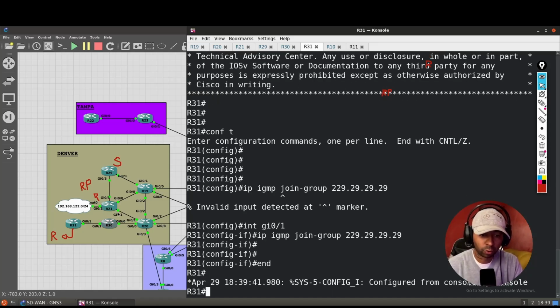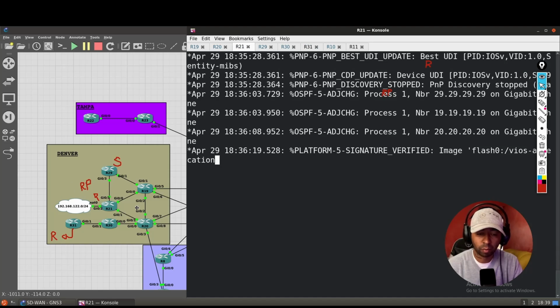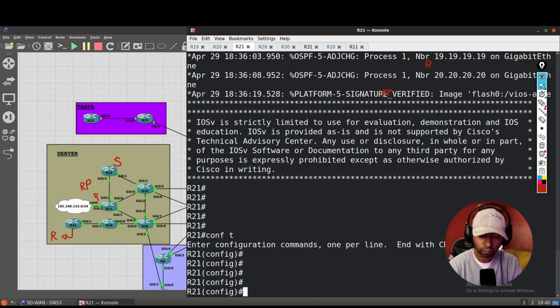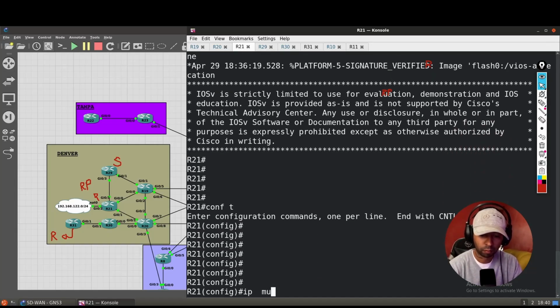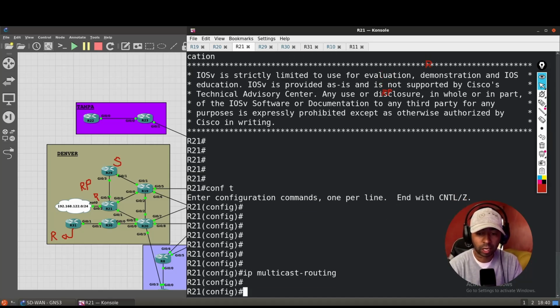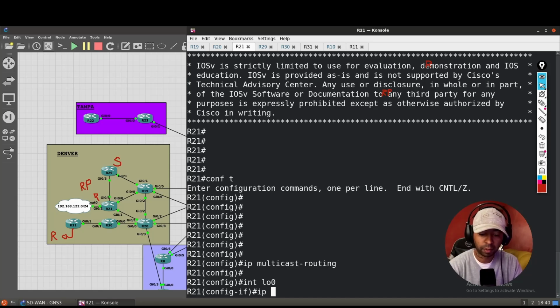We can go to the router point and start implementing the router point configuration on the loopback. Config terminal, ip multicast-routing. Another thing we are going to do is go to interface loopback 0 and enable IP PIM sparse mode.